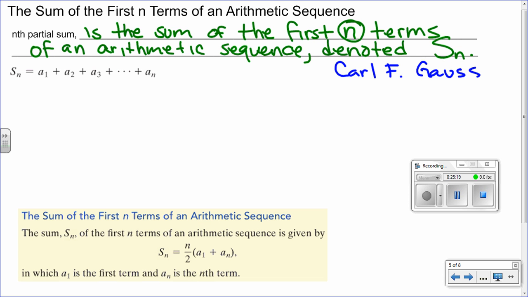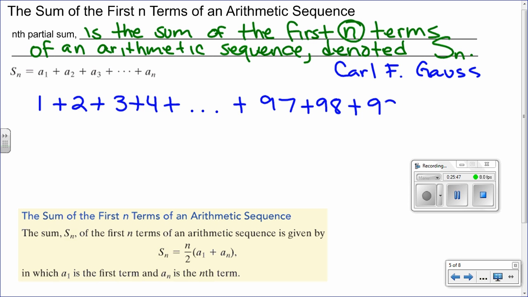It's 5 minutes. So pay attention, this is the process, and you can understand it because I showed this to my son a long time ago and he knows it. If you line up all the numbers, 1 plus 2 plus 3 plus 4, and then we use dots to express that there are some terms in between, going one by one. Then the last terms, 97, 98, 99, and then plus 100.